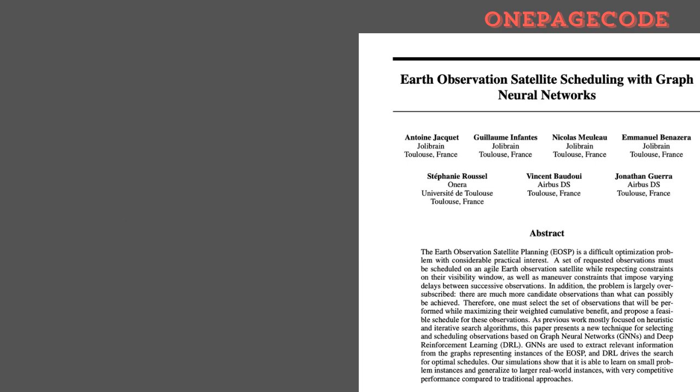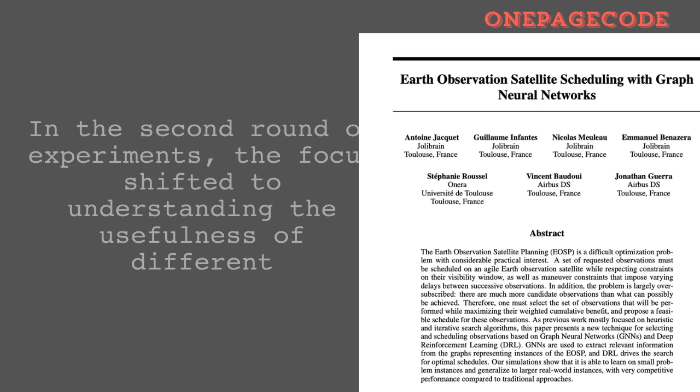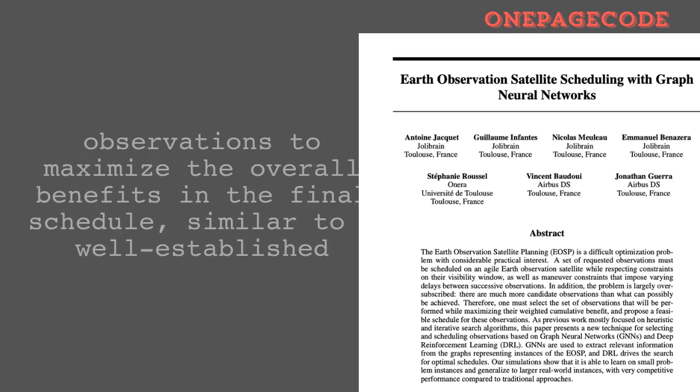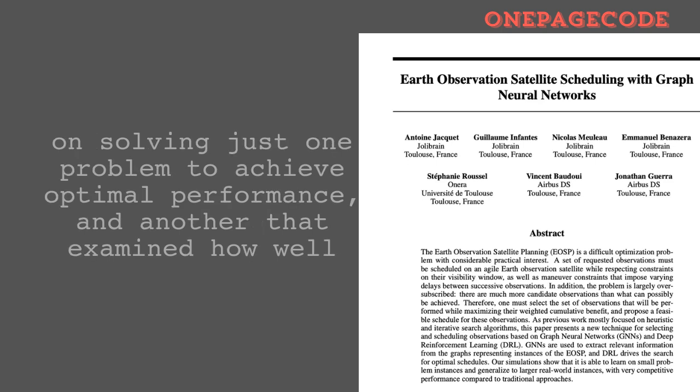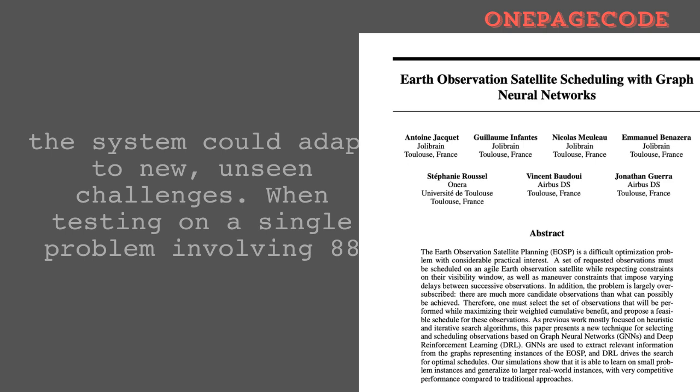In the second round of experiments, the focus shifted to understanding the usefulness of different observations to maximize the overall benefits in the final schedule, similar to a well-established decision-making framework. The team conducted 2 sets of tests, one where the system concentrated on solving just one problem to achieve optimal performance, and another that examined how well the system could adapt to new, unseen challenges.